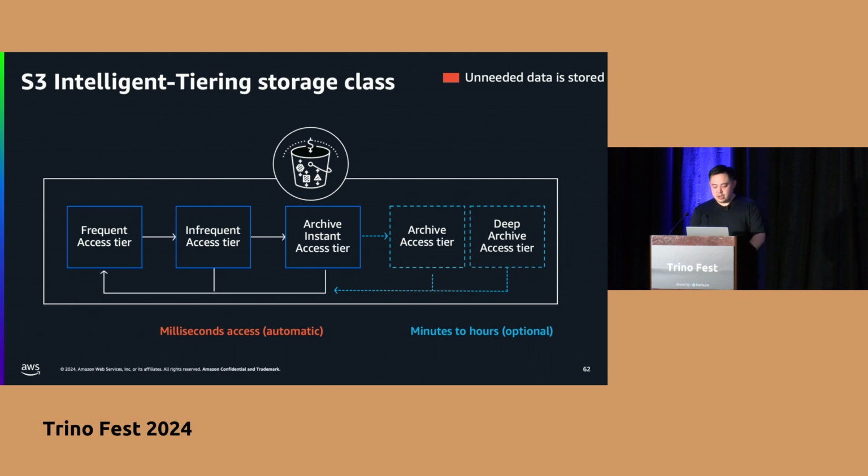When you put an object into S3 Intelligent-Tiering, it starts in the frequent access tier. After 30 consecutive days of no access, S3 Intelligent-Tiering will automatically move the object to the infrequent access tier. And after an additional 60 days, to the archive instant access tier. So if you have data with unknown access patterns, S3 Intelligent-Tiering can further optimize storage cost.